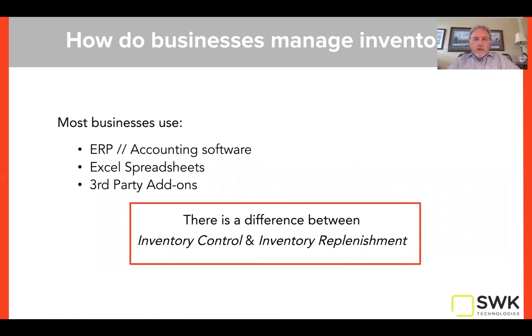So let's talk about how businesses manage inventory in their organizations today. Obviously, you all have a great ERP and accounting software application. Sage 100 is very mature, very solid, very good depth of functionality, a lot of capability there. And does an outstanding job of capturing all the transactions and data necessary to help us manage this aspect of the business. But we also see Excel spreadsheets commonly in use, and we'll talk a little bit more about that a little bit later.